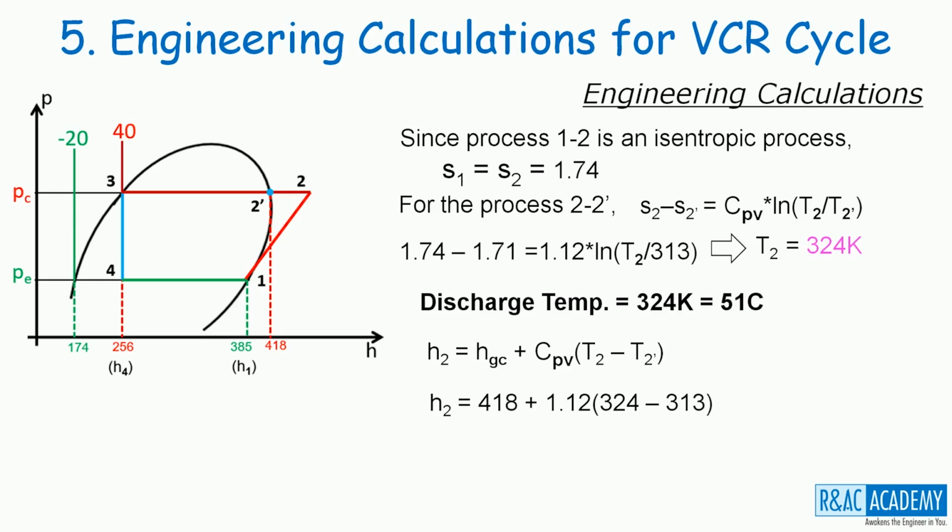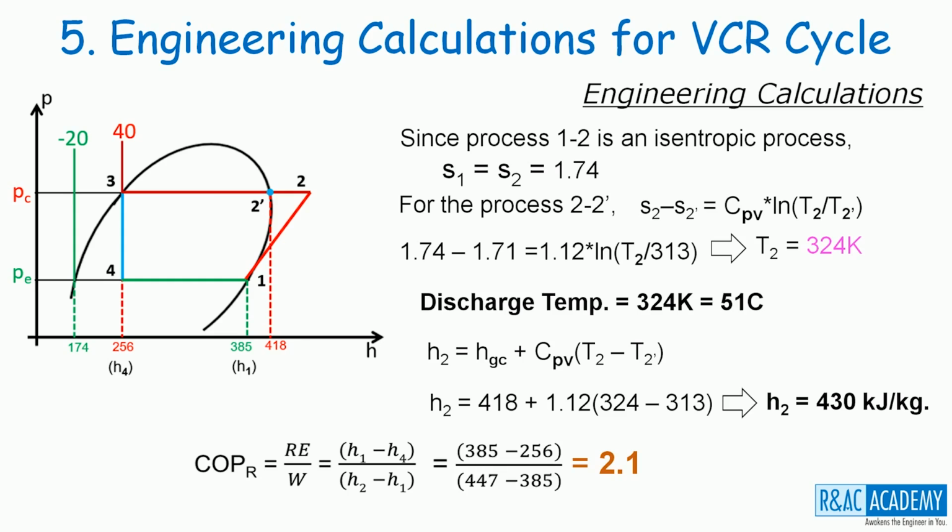From here, we can compute the H2 value as 430 kilojoules per kg. Because now we have H1, H2, H3 values, we can compute RE, we can compute W, and hence we can compute COP for this system as 2.1.